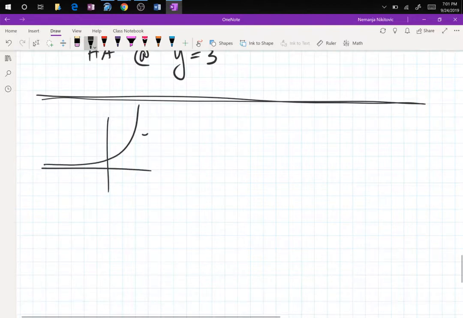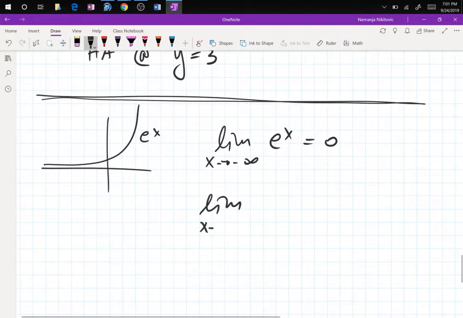So if you take a look at e to the x, the limit x goes to negative infinity for e to the x gives you 0. And the limit x goes to positive infinity of e to the x gives you positive infinity. So on one end you have the end behavior, which is going up and to the right, and on the other end, it goes to 0. So it's possible. So how do I get negative infinity? Well, you will actually use negative infinity in the calculation.